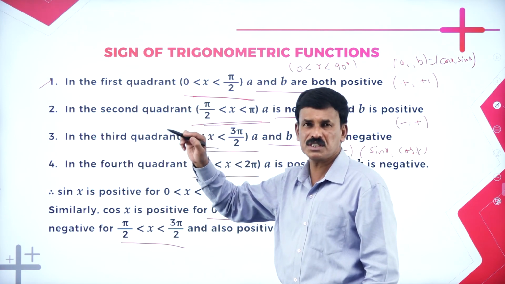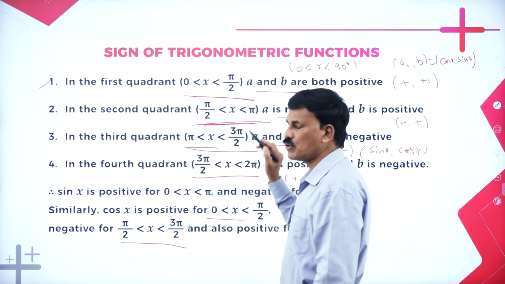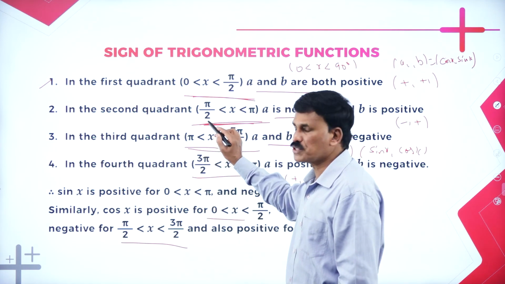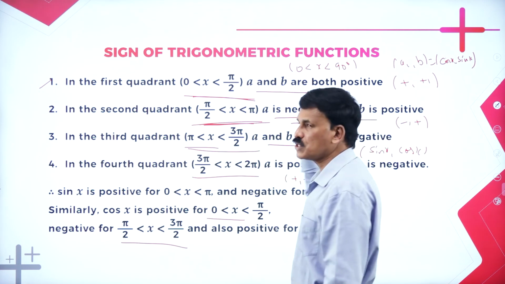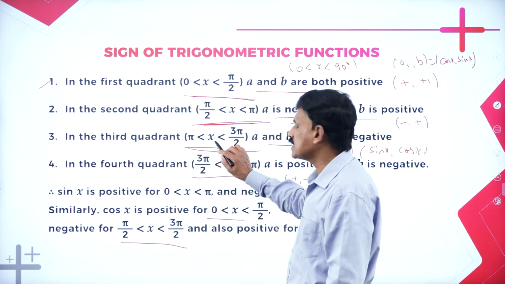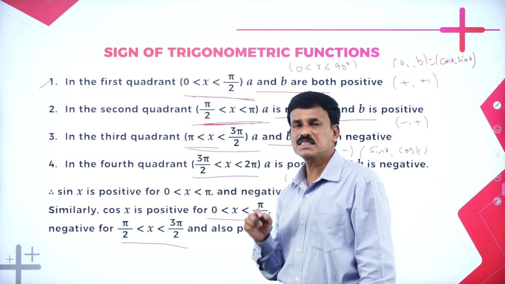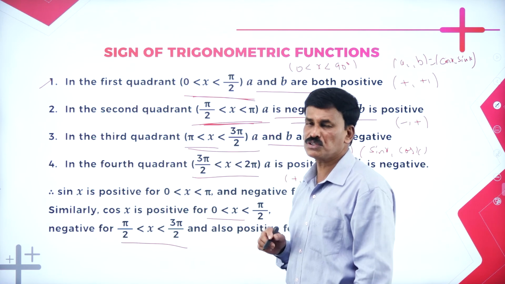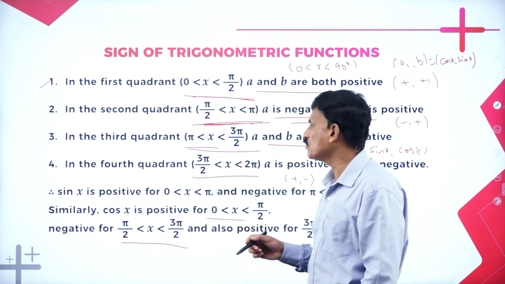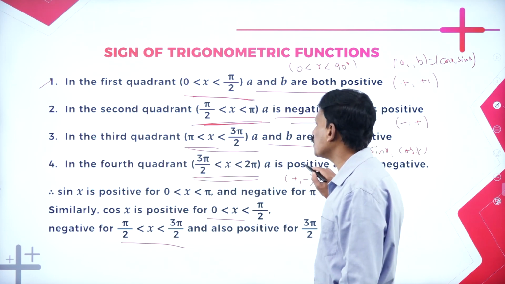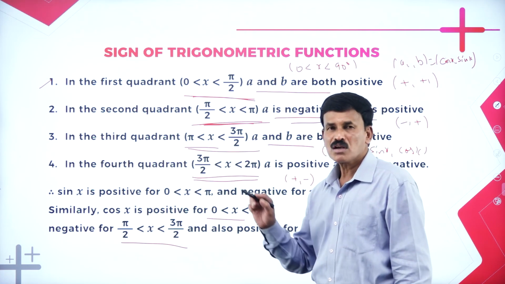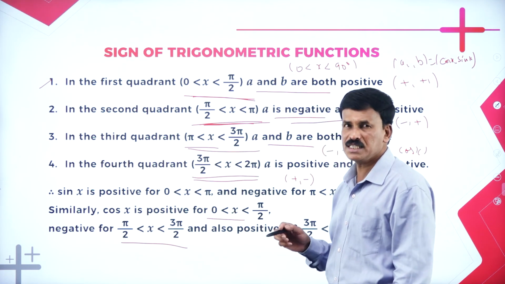In the second quadrant only sine and cosecant are positive. In the third quadrant, 180 less than x less than 270 degrees, tan x and cot x are positive, and sin x and cos x are negative. In the fourth quadrant, 270 to 360 degrees, only cos is positive and sin is negative.